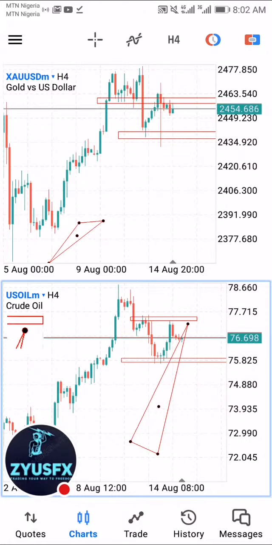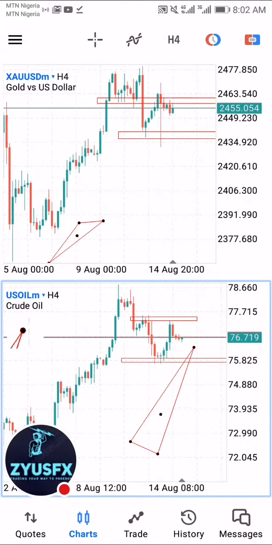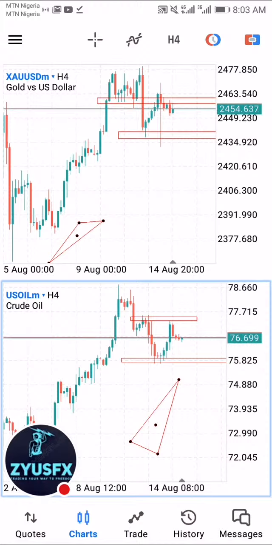Imagine if I take a sell from this range back down to this low. You can imagine the range. This is a high probability trade with a bigger range and a high possibility of winning because I'm trading with the trend. The trend is down. That's how you need to be trading. Don't just take any trade.